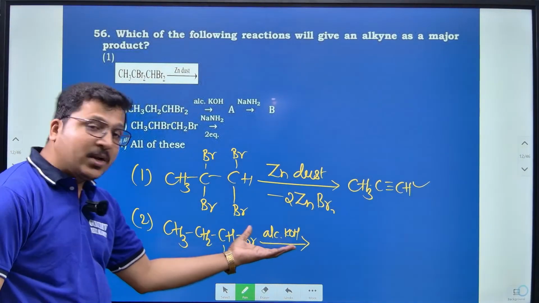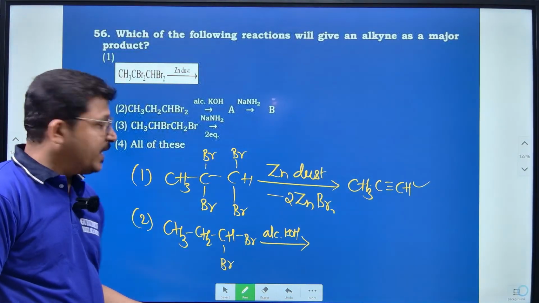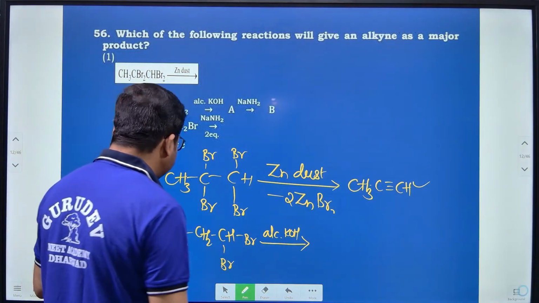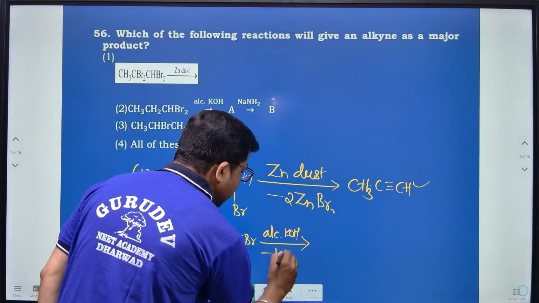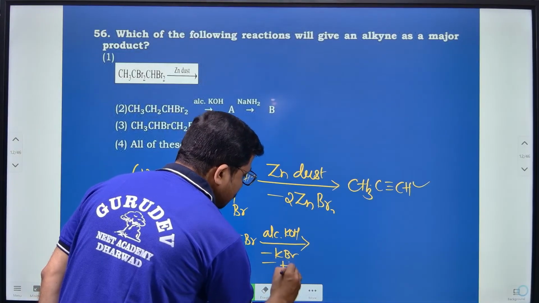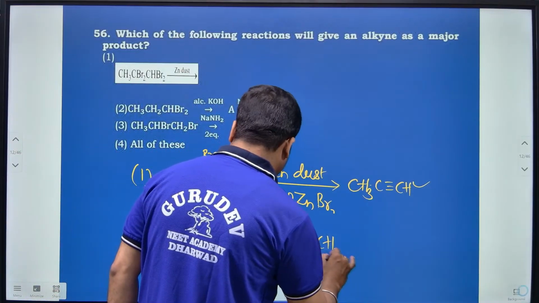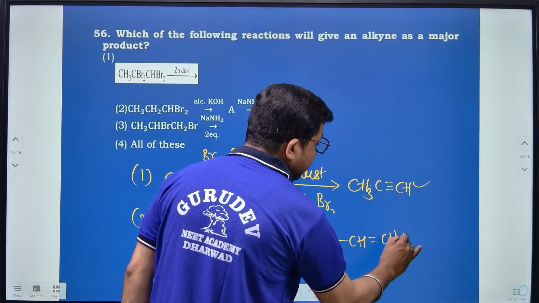By reacting with alcoholic KOH, a dehydrohalogenation reaction takes place, and hence elimination takes place, eliminating KBr and H2O, giving CH3CH double bond CHBr.